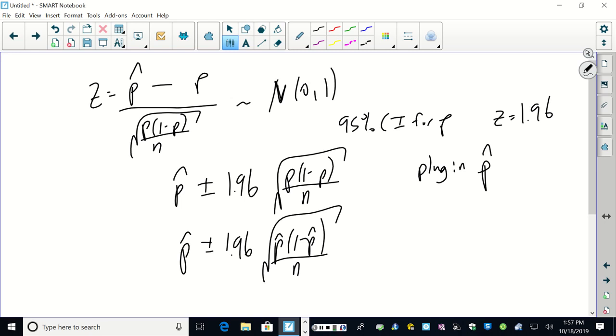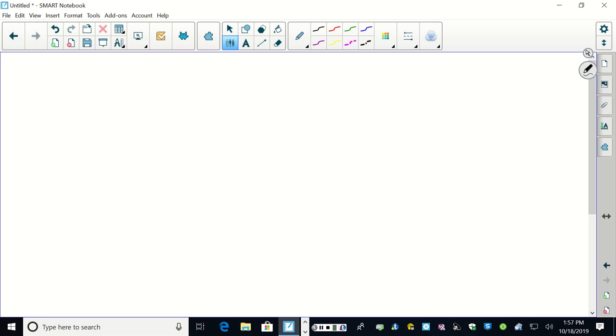The book does a little more advanced presentation, right? So what does the book do? This is kind of a standard formula that you can calculate, and it should be pretty accurate. But people have considered this for a while, that if z is p hat minus p over the square root of p times 1 minus p over n, right?